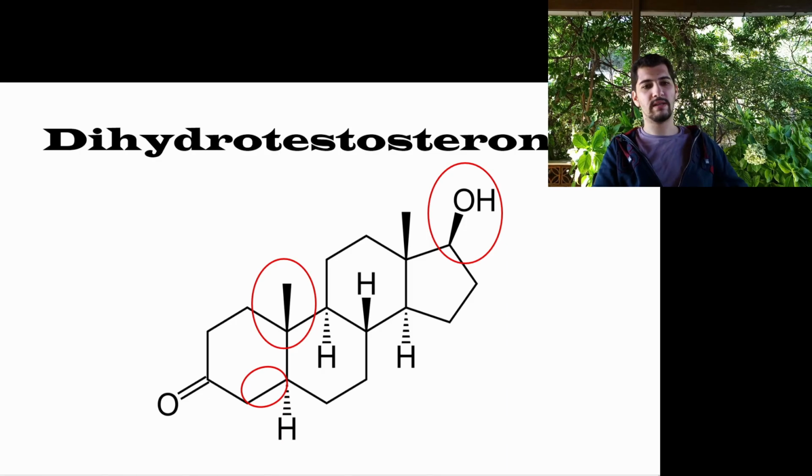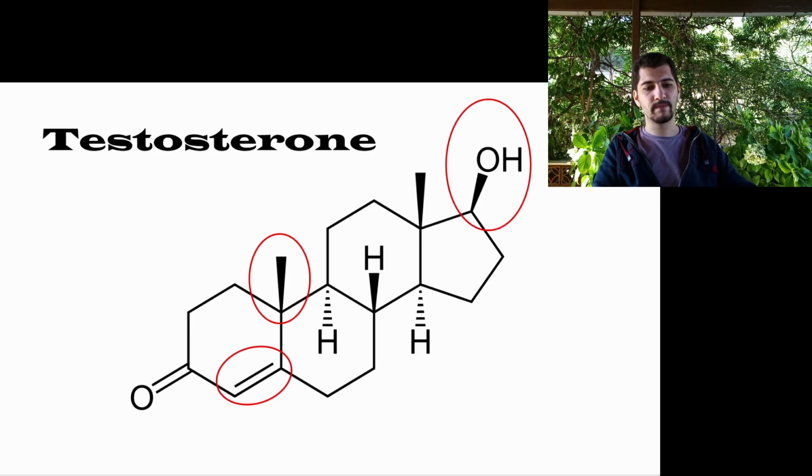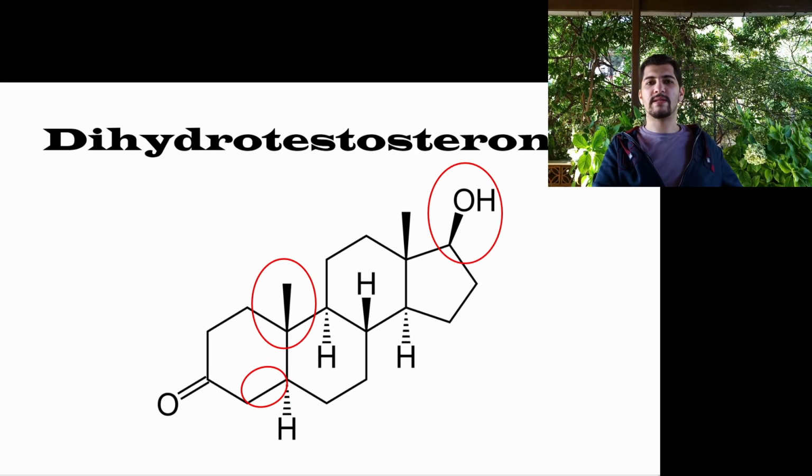And let's take a look at the Dihydrotestosterone family. They are 5-alpha reduced. They don't have the double carbon bond on the 4th and 5th position.